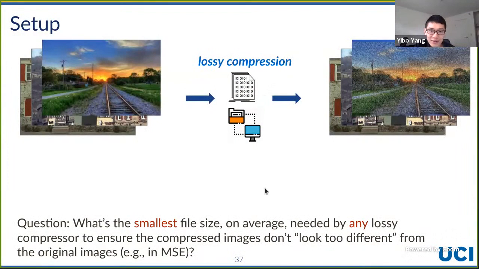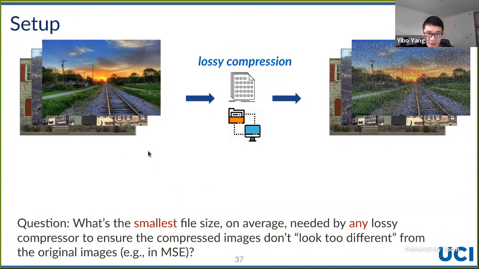This work is concerned with what the limit of lossy compression is. Previously we looked at an existing paradigm where I tried to push the limits of compression within that paradigm. Here I'm just looking at, given all the possible lossy compression algorithms, what is the best we can do?